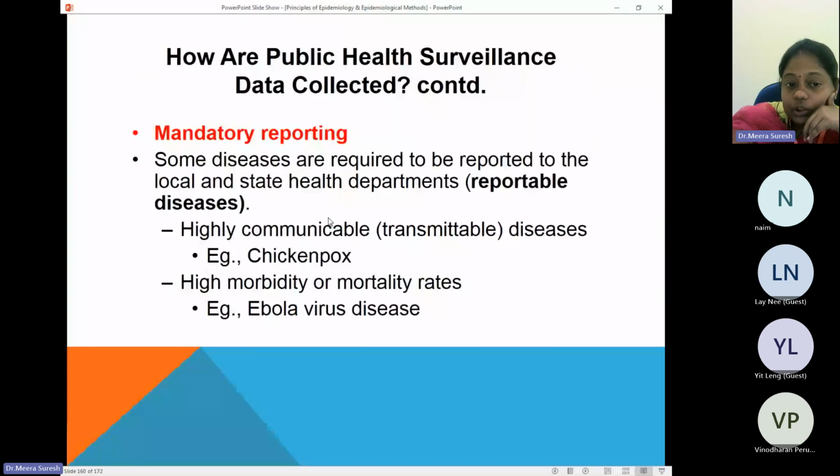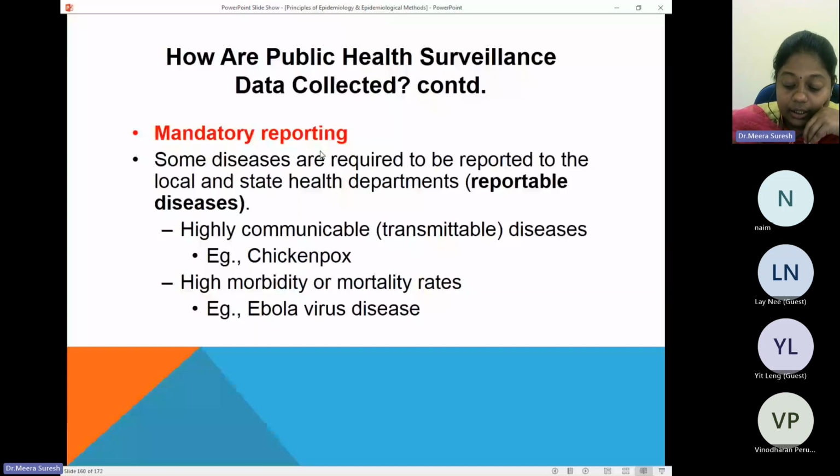And then the most important one is mandatory reporting. There are some diseases called notifiable diseases set by WHO, which are diseases seen internationally. Every country will also have its own set of certain diseases, and we are supposed to inform the government. We should know what the notifiable diseases of this country are. If you're practicing here, you need to know them.